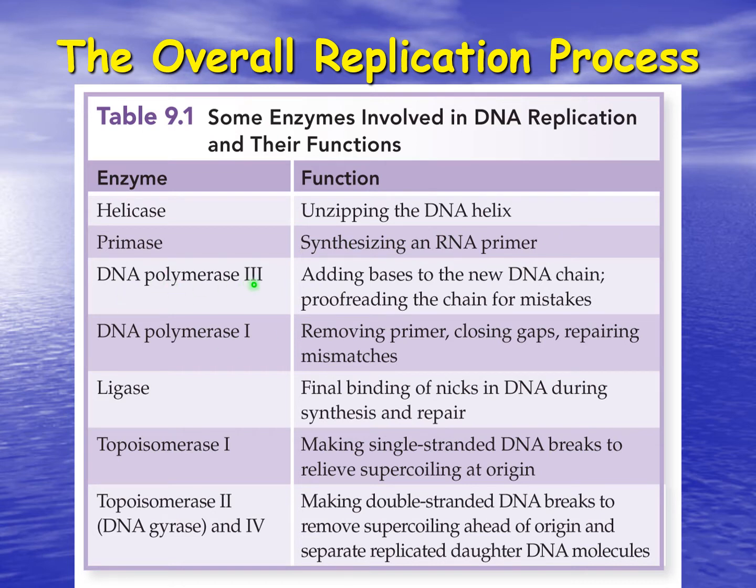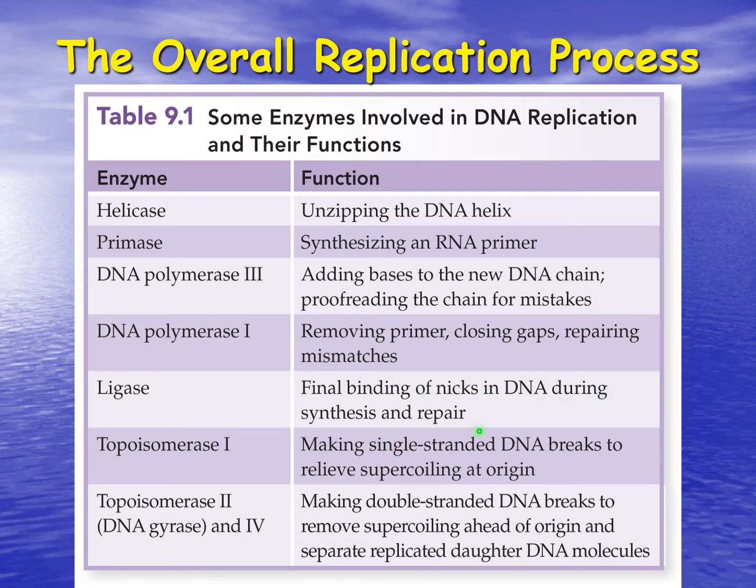DNA polymerase III adds new DNA bases to the new DNA chain, proofreading the chain for mistakes. And DNA polymerase I actually will remove the primer, close the gaps, and repair any mismatches. Now, I'm not going to really make a big difference between polymerase III and I, but just simply to say DNA polymerase makes DNA.